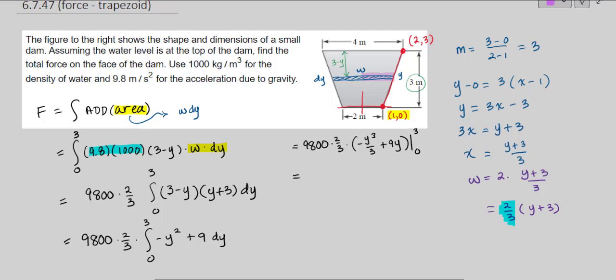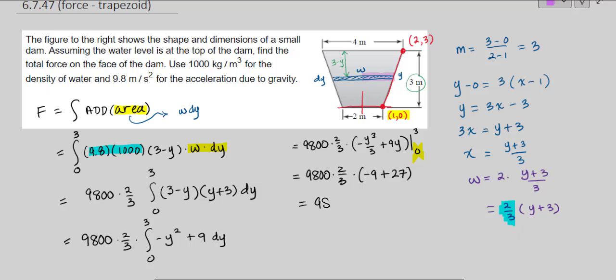Plugging in 0 does not contribute any force, so we can ignore the 0. We will have 9,800 multiplied by 2/3 multiplied by, let's see, when we substitute in the 3, we get 27 over 3, which is 9. So we have negative 9 plus 27. And once again, plugging in 0 gives 0, so that's gone.